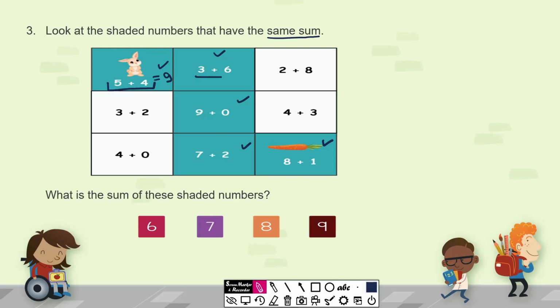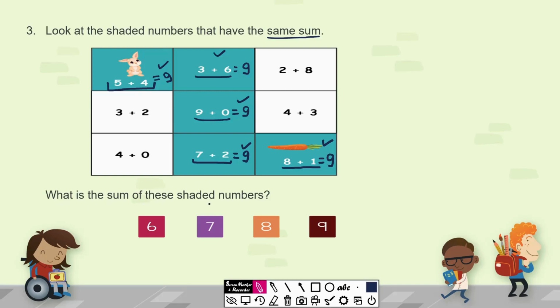3 plus 6 is equal to, tell me quickly. Yes, 3 plus 6 is also equal to 9. 9 plus 0, again we are adding 0 to 9, so it will remain 9 only. Now 7 plus 2 is equal to the same 9. 8 plus 1, this is easy. 8 plus 1 is equal to 9.